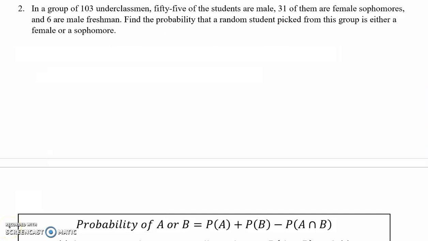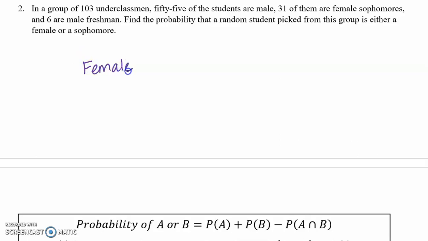All right, take 5 seconds and read over this problem. So they give us a lot of information, and it's a good idea to put this into a table just to help us sort through all the information.